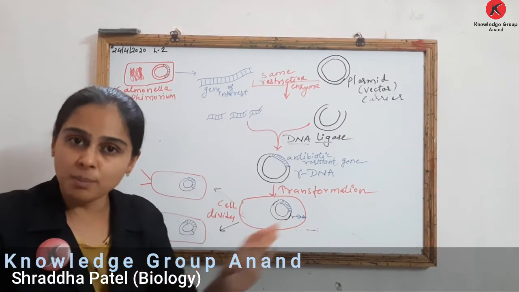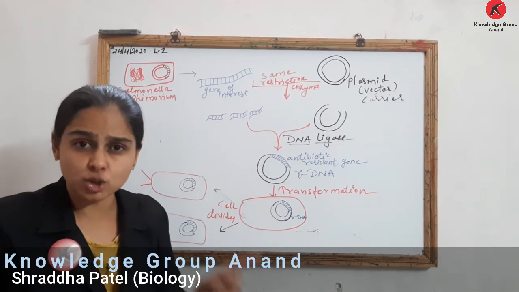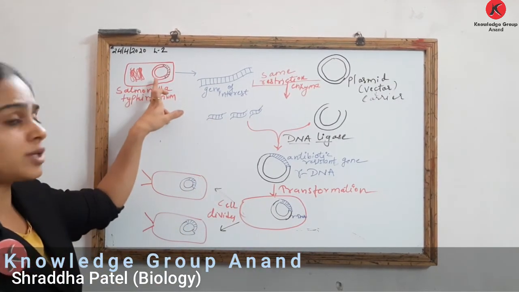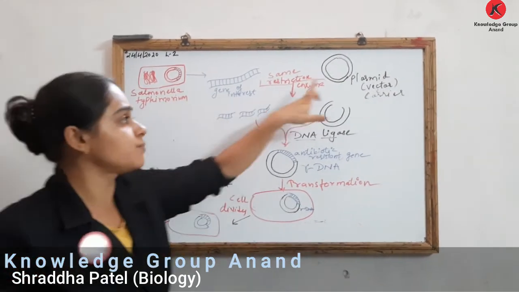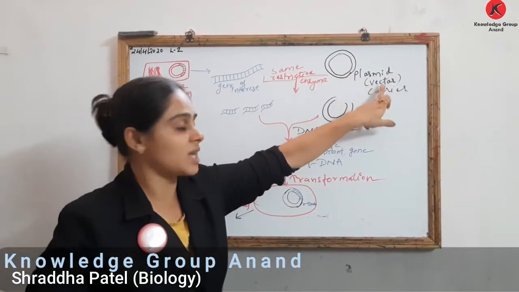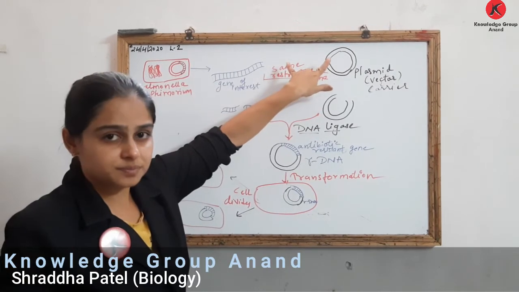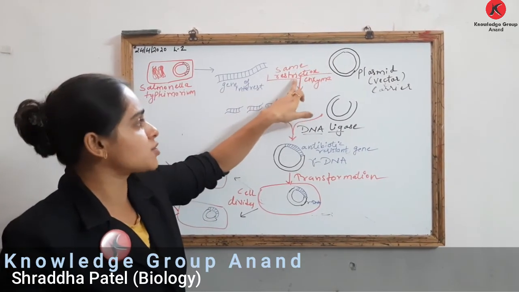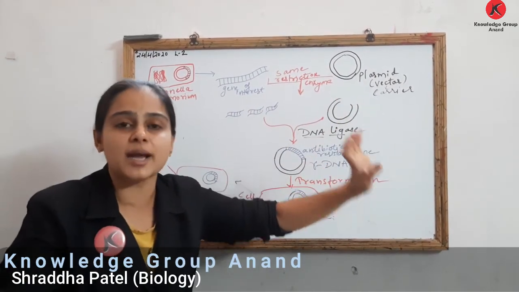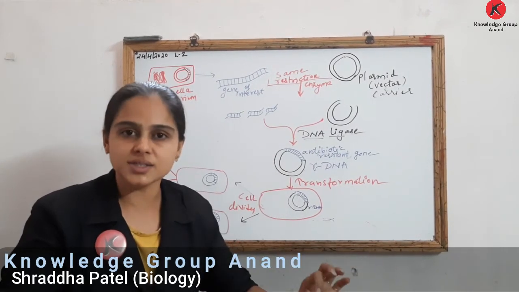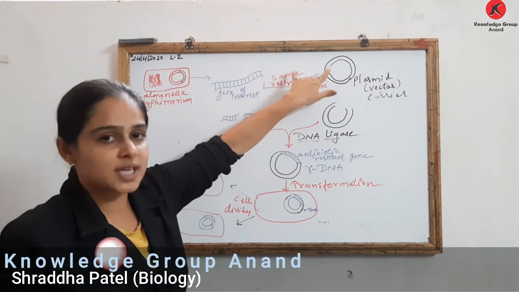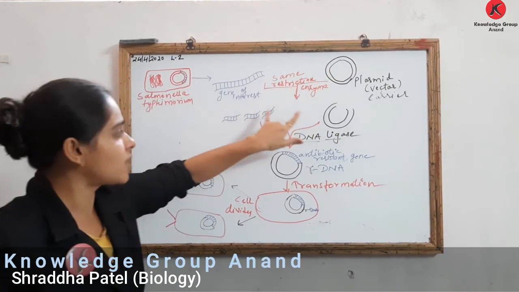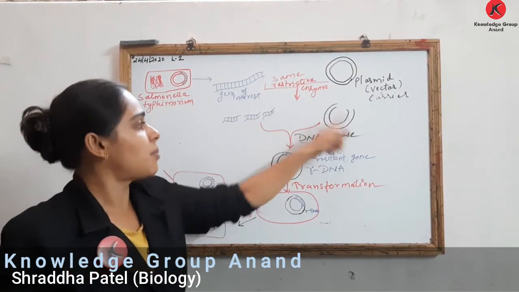Simple as that. Once again, to brush up, what are we going to take? The antibiotic resistant gene from Salmonella typhimurium, and one more plasmid that acts as a vector. Both we are going to cut by means of the same restriction enzyme. What is its importance? We will understand while studying restriction enzymes. You have to use the same restriction enzyme, which creates cut parts of your DNA.